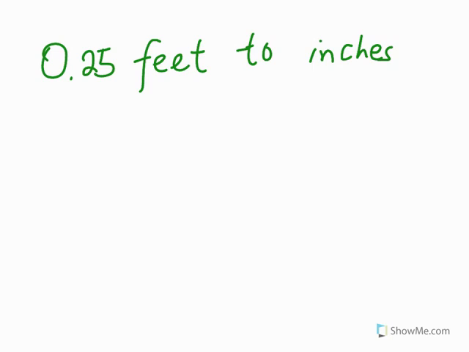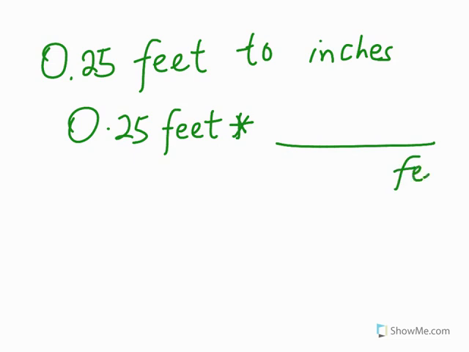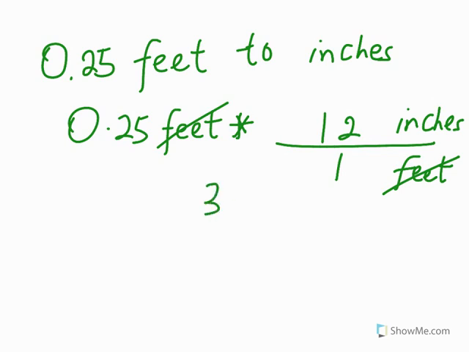We have 0.25 feet times, of course we put the feet at the denominator and inches at the numerator. We see that 12 inches make 1 foot. So when we multiply, feet will cross out feet. Then 0.25 times 12 gives us 3 inches.